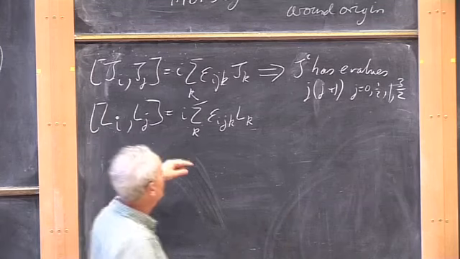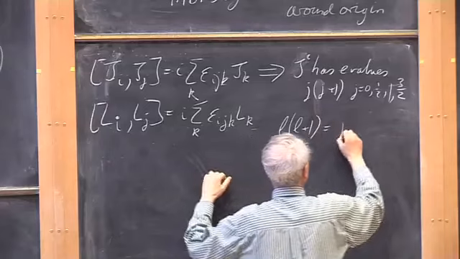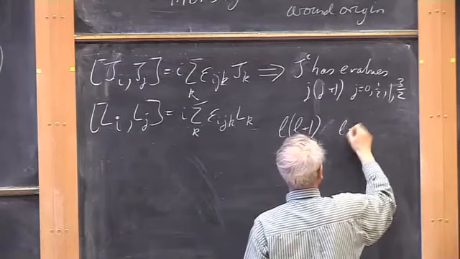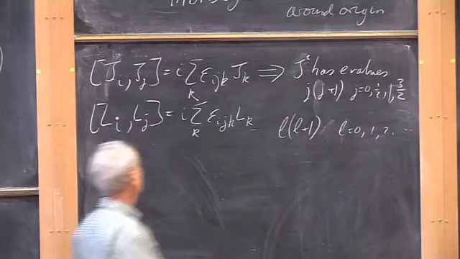So we concluded that L had to be L equals 0, 1, 2, integers only allowed in this case.